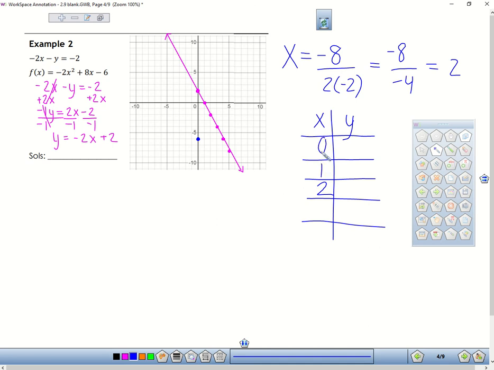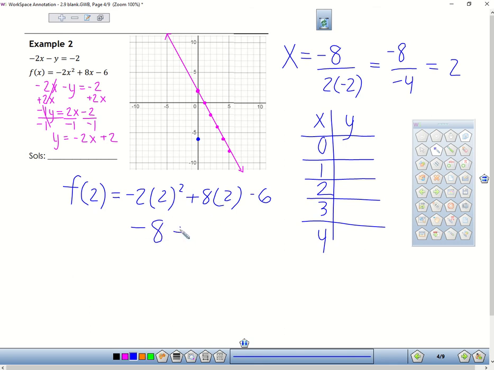That's going to be 1, 2, 3, and 4. We plug 2 back into my equation. And that gives me negative 8 plus 16 minus 6, which is 8 minus 6, which is 2.